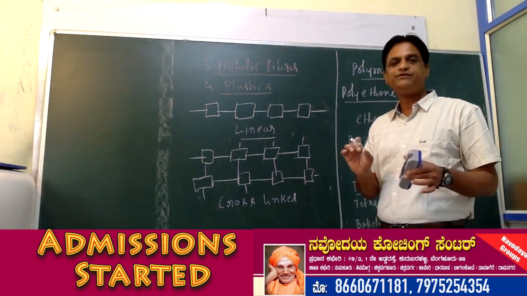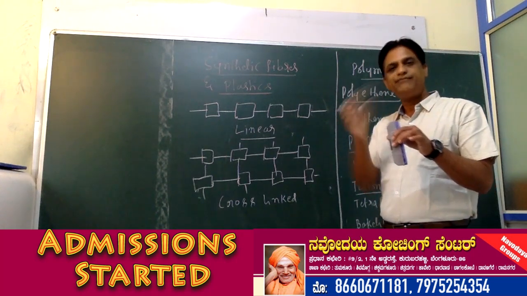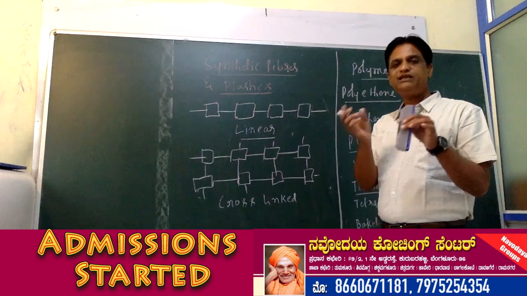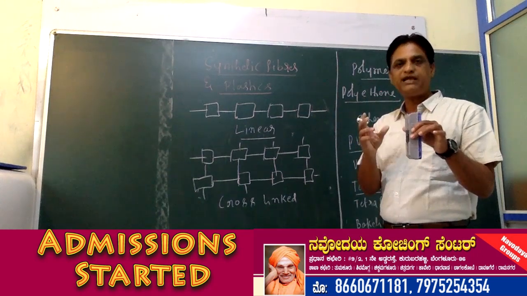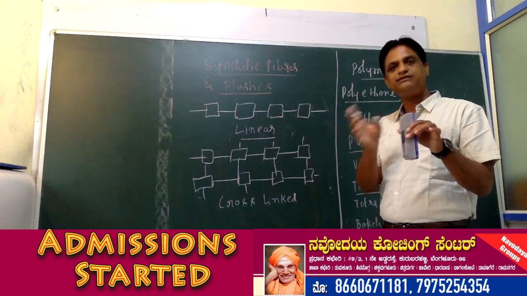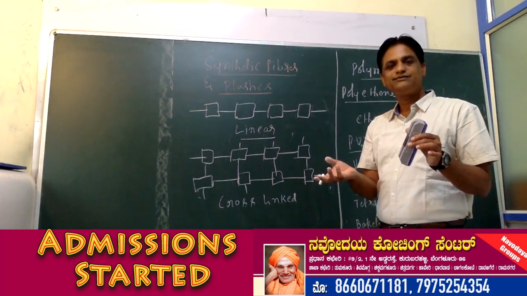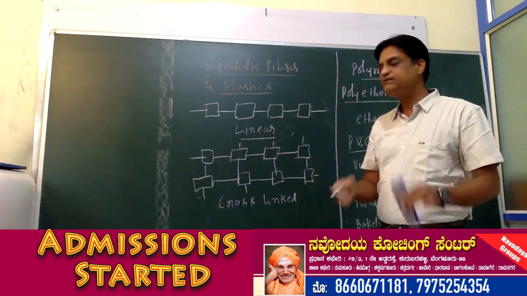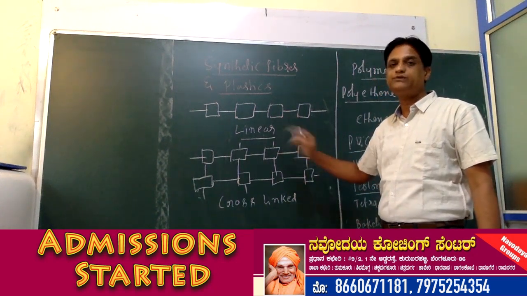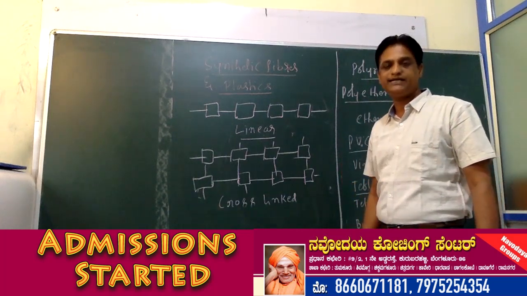For example, if you take some plastics and apply pressure, they bend easily. Similarly, if you take some plastic and apply pressure, what happens? It will not bend. Instead of that, it breaks. Okay. So that difference in properties is mainly due to difference in arrangement of constituent particles.